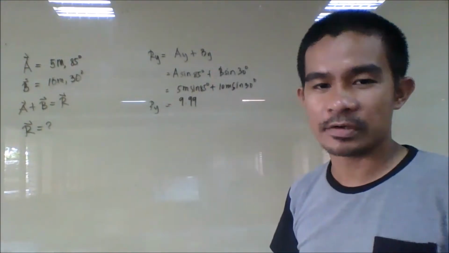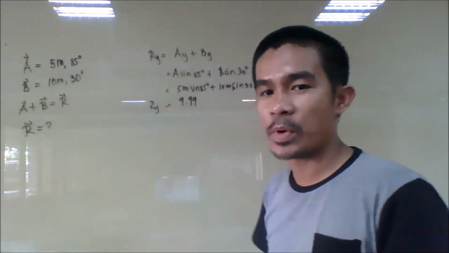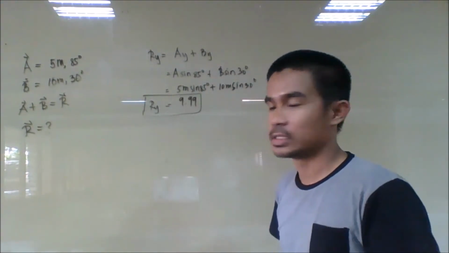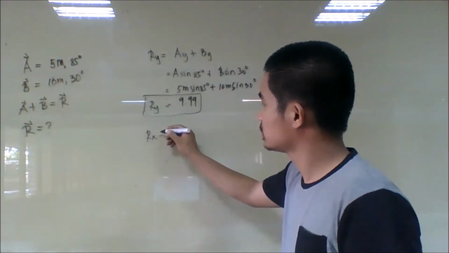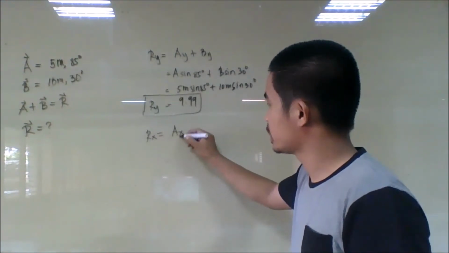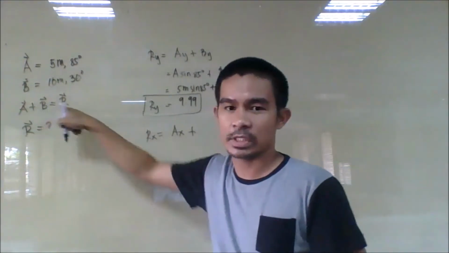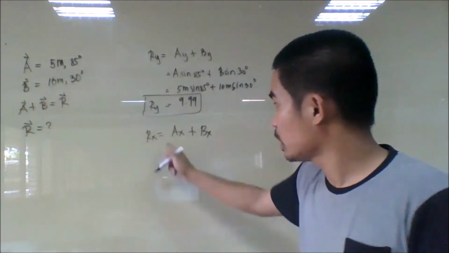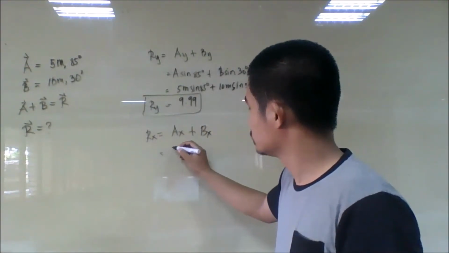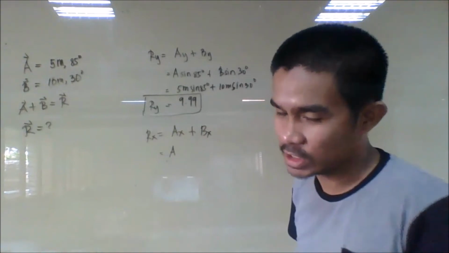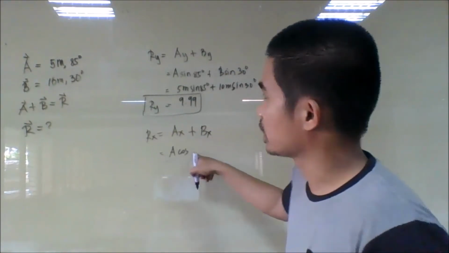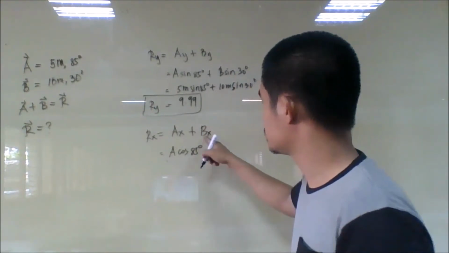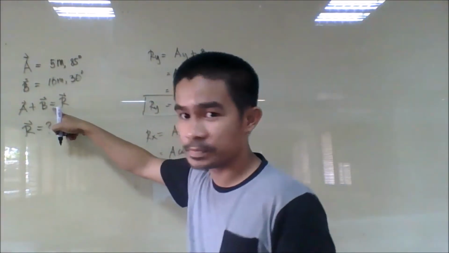Now, how about the r of x, or the x component of vector r? So r of x is a of x plus, since you have plus vector b, b of x. A of x is equivalent to the magnitude of vector A cosine of its direction, which is 85 degrees, plus b of x. What is b of x?